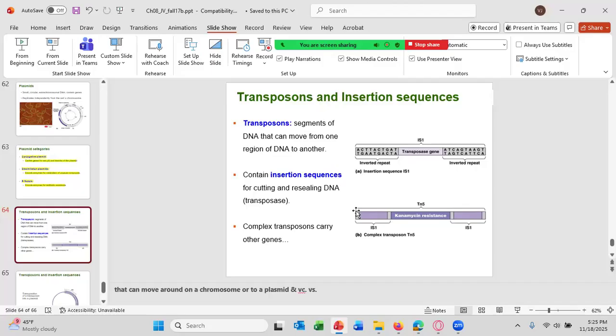And then this inverted repeat works there, and this inverted repeat works there, both for removing it from the location of the DNA on this part and then helping it join a new segment of DNA that the transposase enzyme cuts. Any question about transposons? Transposons are important because they allow a gene or a piece of DNA to move from one place in the host genome to another place.